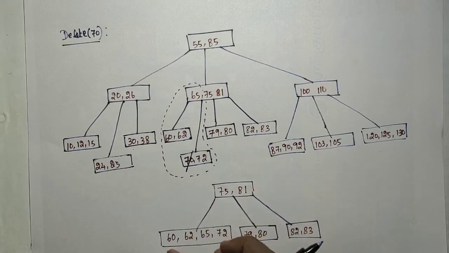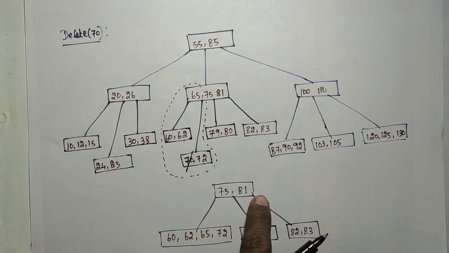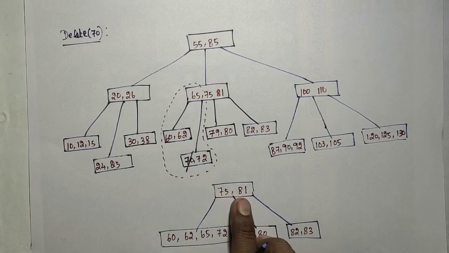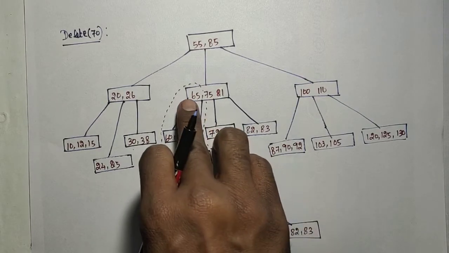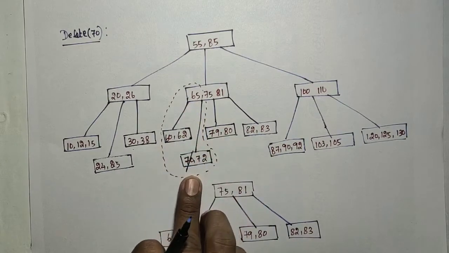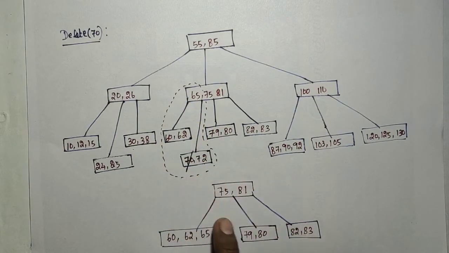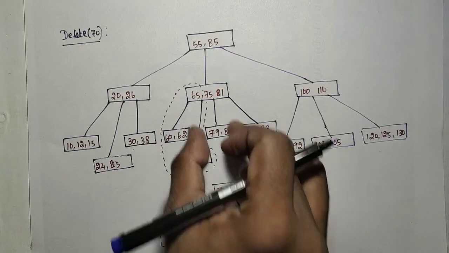Losing only one element should not violate the B tree rule. Here 75, 81, it is having enough elements, so it is not violating the B tree rule even after moving 65 to its children. So we can simply substitute here.